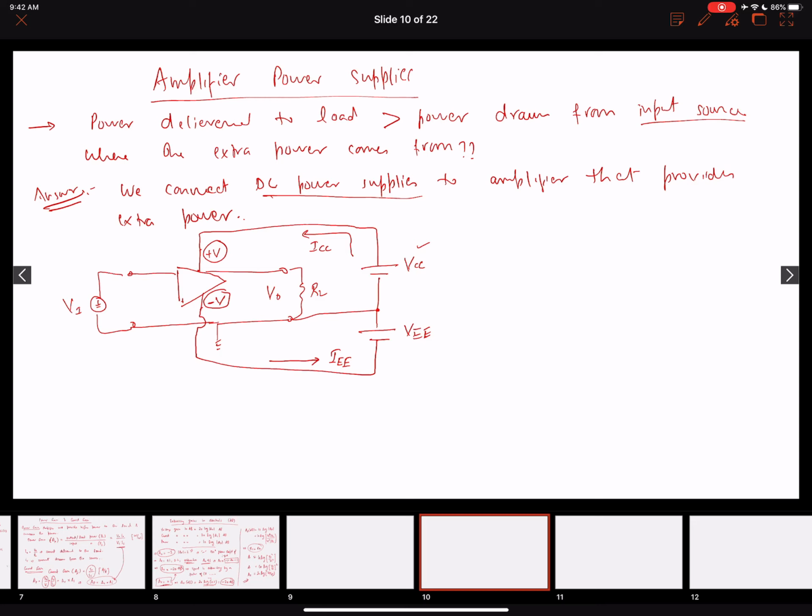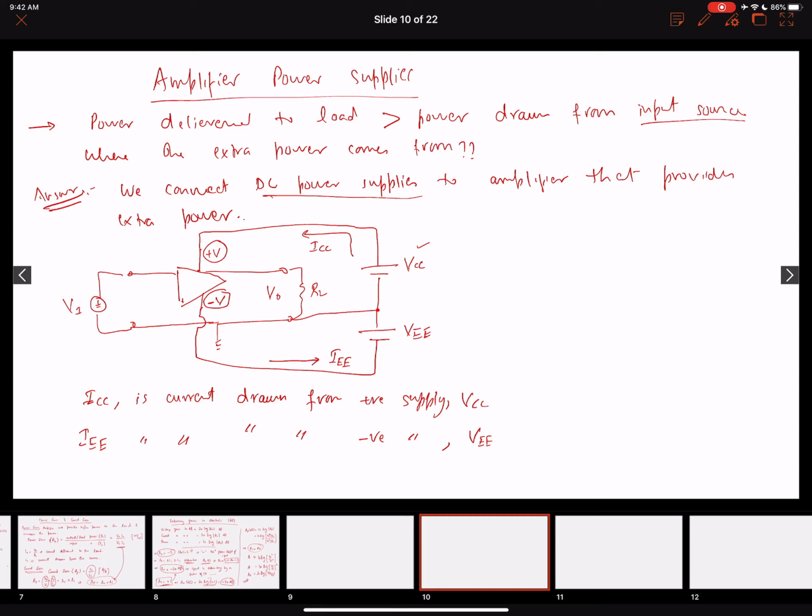So ICC is the current drawn from the positive supply VCC, and IEE is the current drawn from the negative supply VEE.